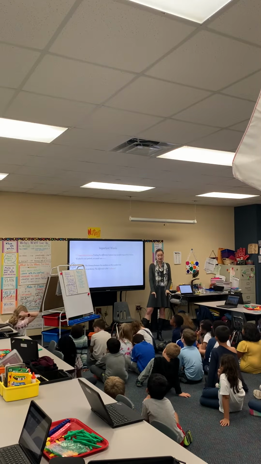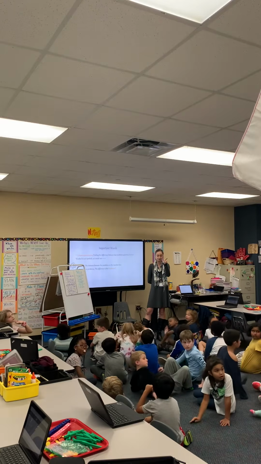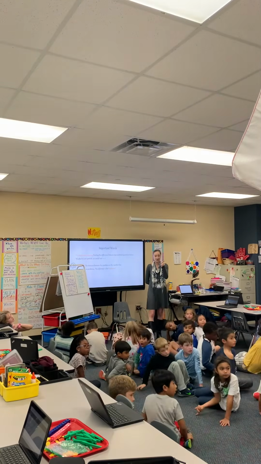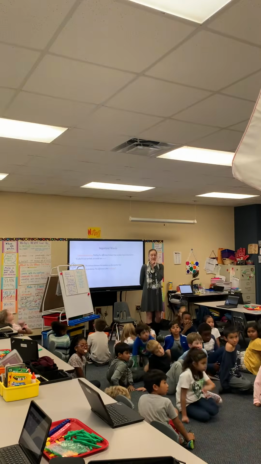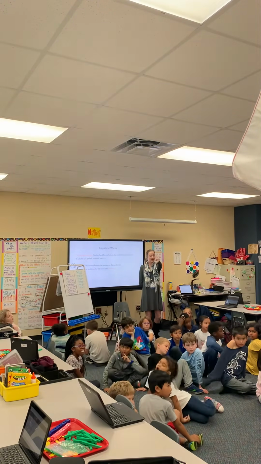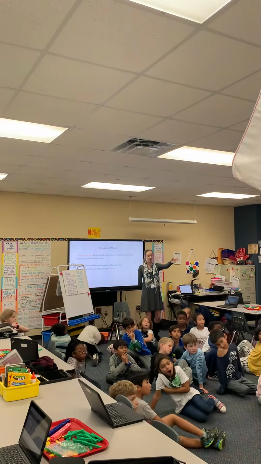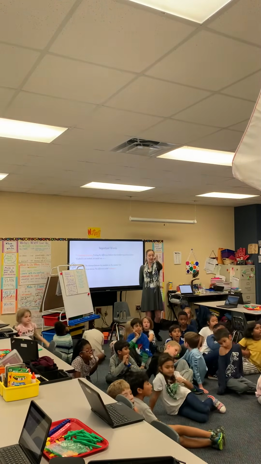So staying seated, just turn your head to the back, to our number line. So finding the difference of two numbers, I'm just going to pick two numbers, 80 and 20. I need to find the difference between 80 and 20.